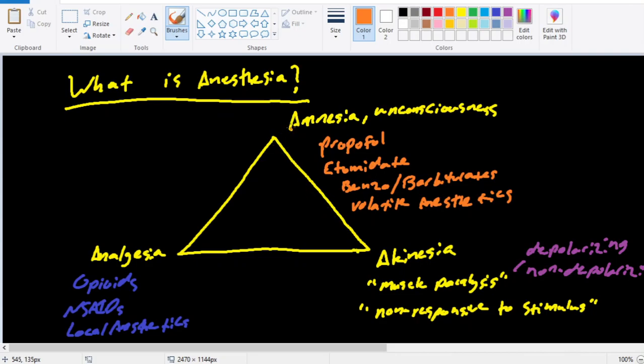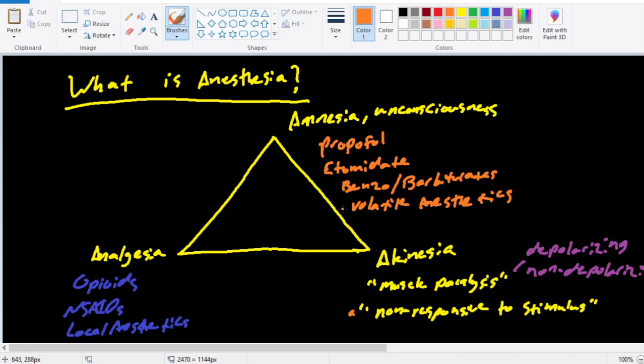And I put them along this line connecting amnesia to akinesia, because although they don't fully paralyze the patient as much as these depolarizing and non-depolarizing neuromuscular blockers, what they do is they assist in providing a non-responsive state to surgical stimulus. So that's why I didn't put them right up here at this point in the triangle.